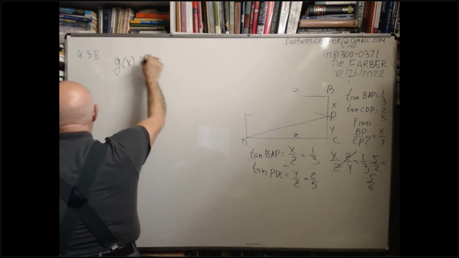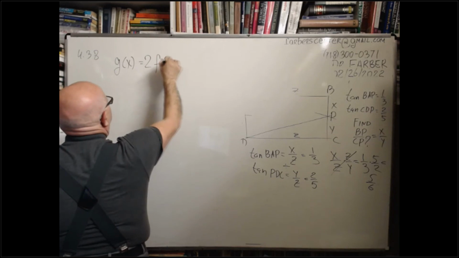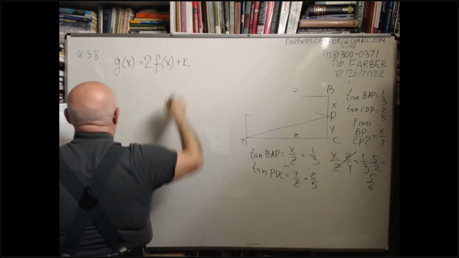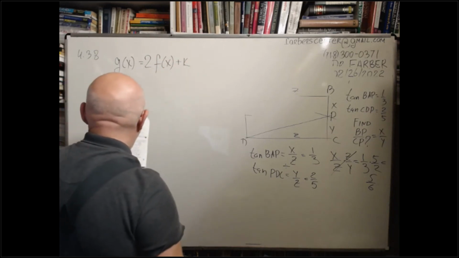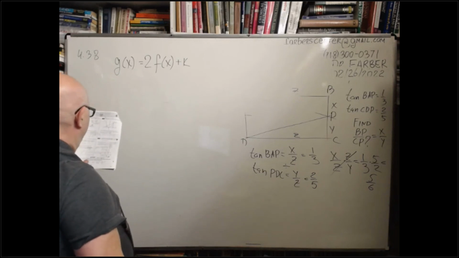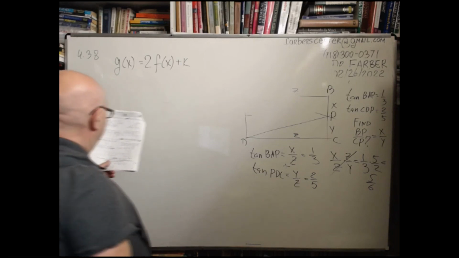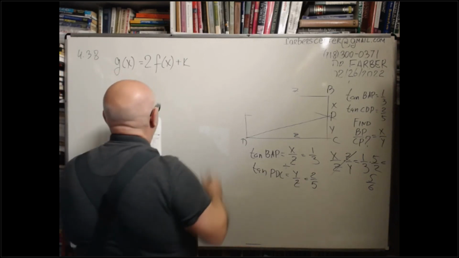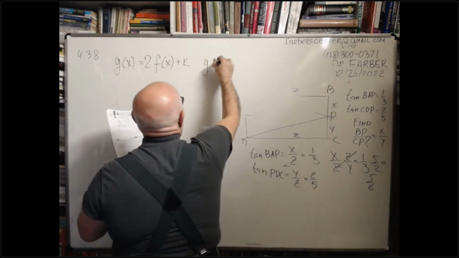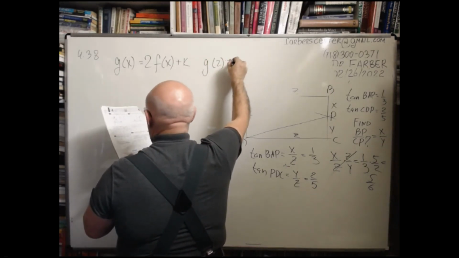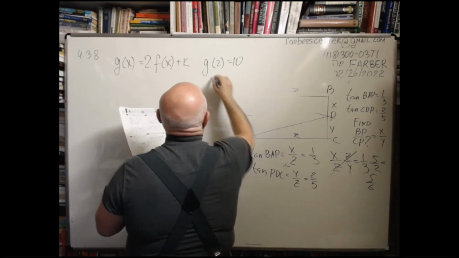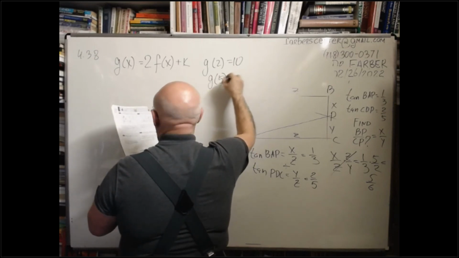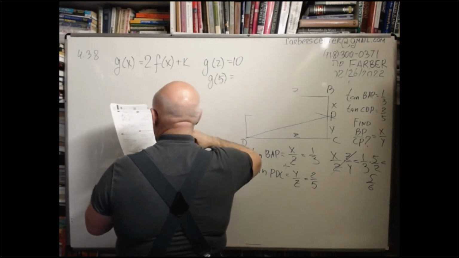equals f of x plus k. F of x is a linear function, k is a constant, and g of 2 equals 10, and g of 5 equals 18.